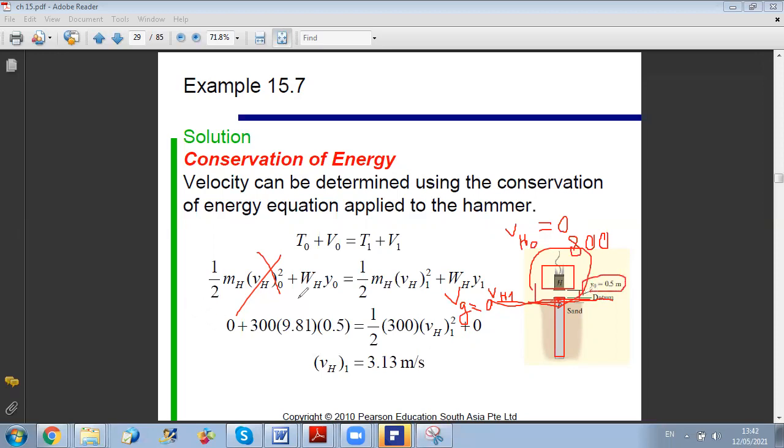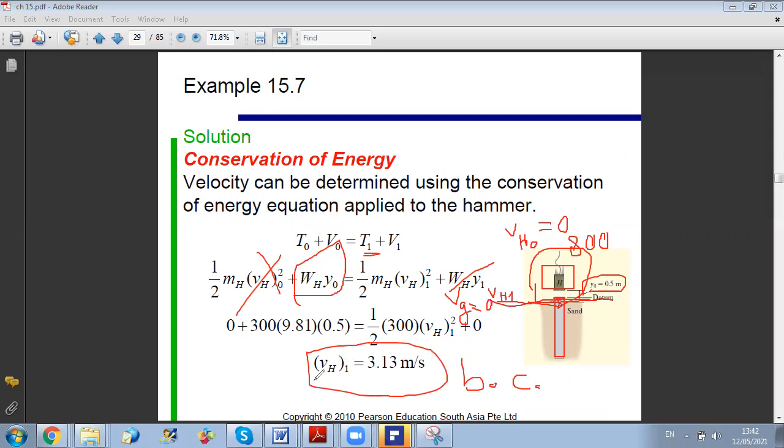So we have the initial gravitational potential, which is plus WH y0, equal to the final at state 1 just before collision. We have the kinetic energy equal to half mH VH1 squared, and the gravitational potential is 0 because we took the reference at the pile. So from here we can compute the velocity of the hammer just before collision, BC. Okay.